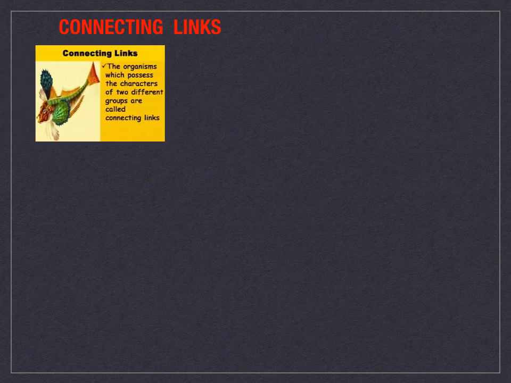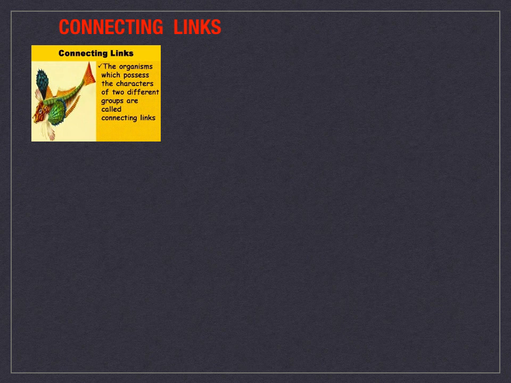Now we shall see the next evidence, which is called connecting links. Some plants and animals show morphological characters by which they can be related to two different groups. Hence they are called connecting links.